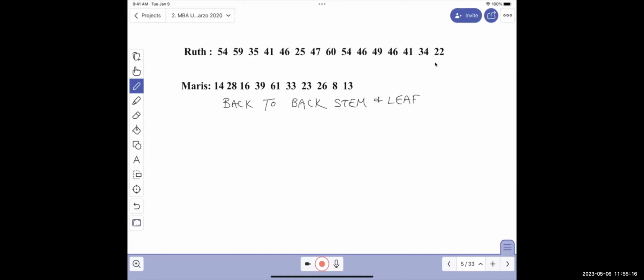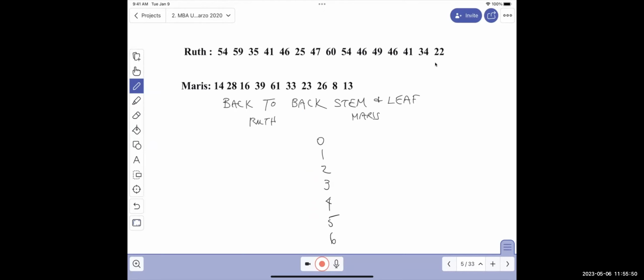So I'm going to use 0, 1, 2, 3, 4, 5, 6, and I stop, because the data goes between 8 and 61. And I'm going to plot Maris on this side and Ruth on this side.